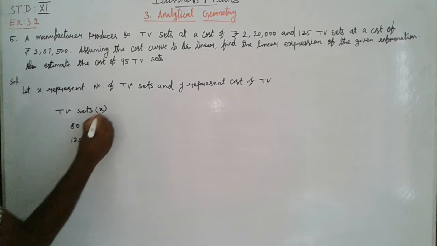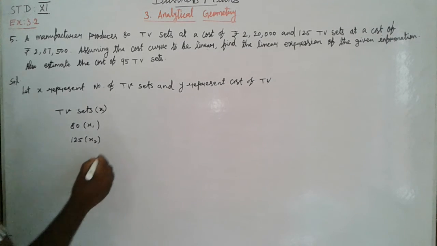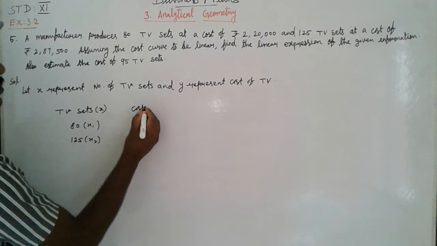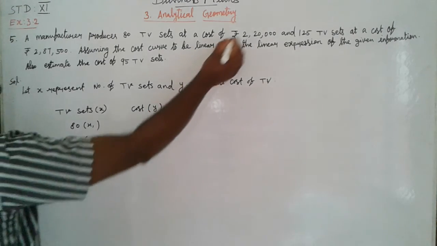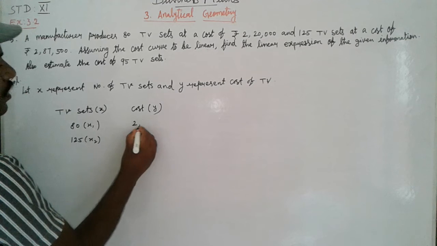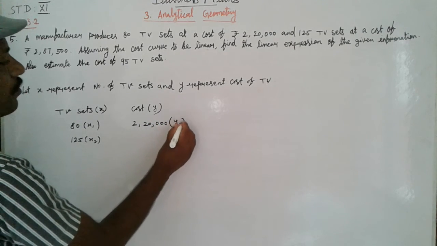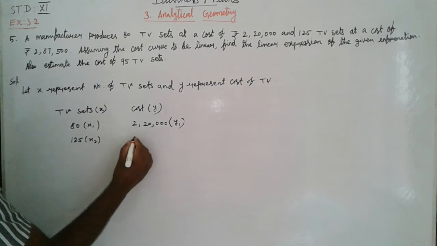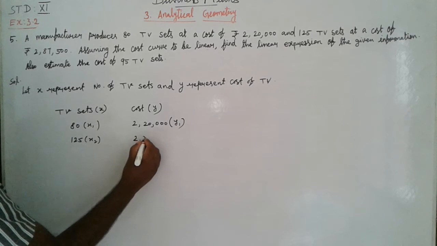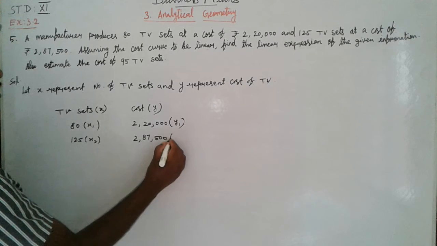We take these as x1 and x2. Next, the cost is y. The first one is 2,20,000, which is y1. Next is 2,87,500, which is y2.